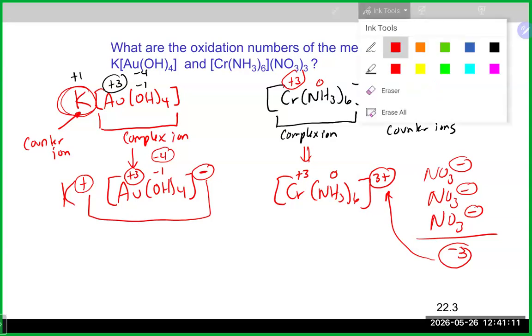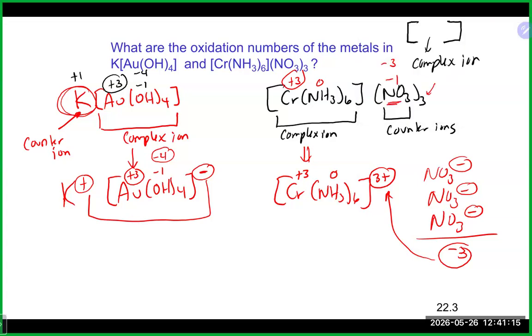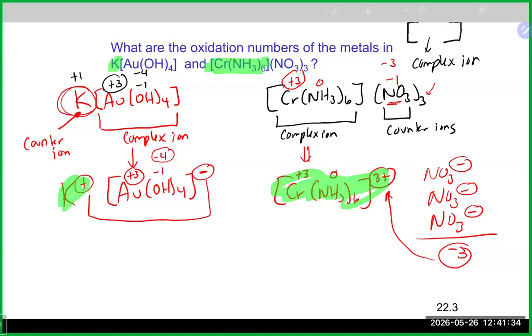Now, I could have known right out of the gate that this one and this one were going to be positive because, frankly, they come first in the formula. Because they come first in the formula, they should always be the positive part, as we talked about in a coordination compound. Positive guys should come first, and the negative guys should come second.